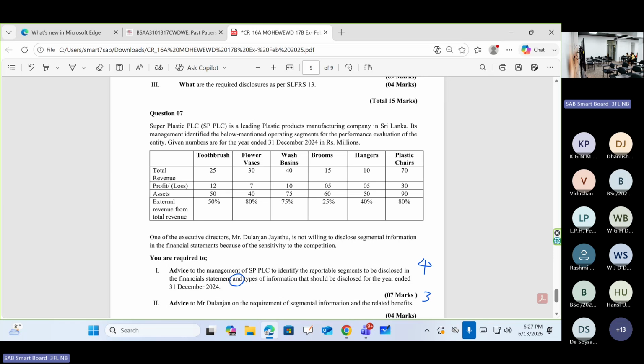If the first two segments represent 75%, how are we going to display? First separate, second separate, other two added as one other. Right? Now we can't do that. You should display all four separate now. All are reportable segments. Understand what is the requirement, what the exact reporting is.